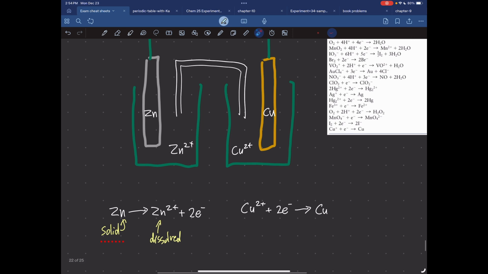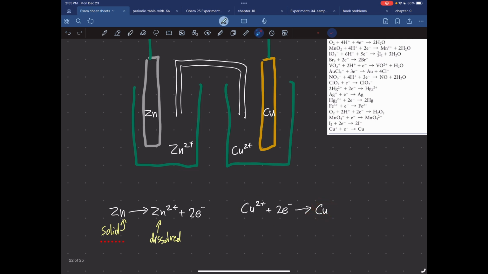And so the half reaction is this. I like to write out what's happening at each electrode or half cell. So zinc's like, here are my electrons, and copper's like, give me the electrons. And so the copper ion plus 2 electrons becomes copper solid.